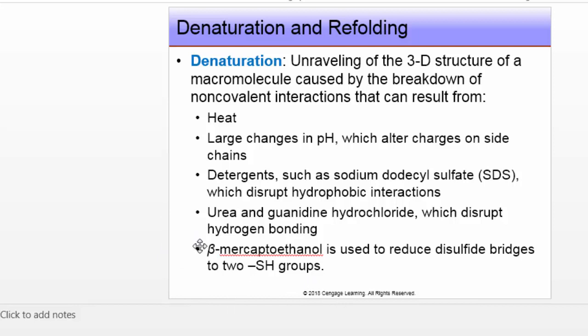If the protein contains disulfide bonds, then we need this chemical called beta-mercaptoethanol to reduce the disulfide bridges to 2 SH groups.